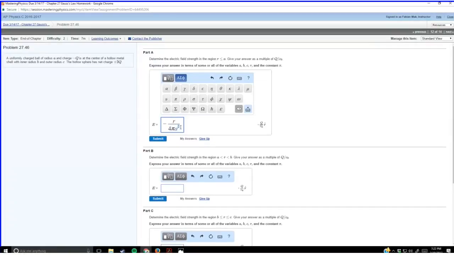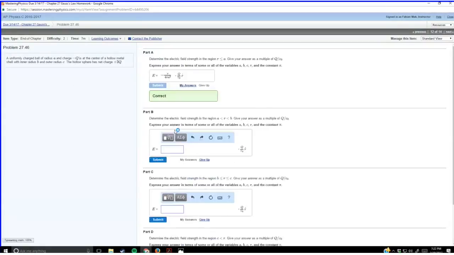And it's also going to be negative, right? Because it was all a negative charge. So make sure you keep track of that. Any questions about how to use Gauss's law there?